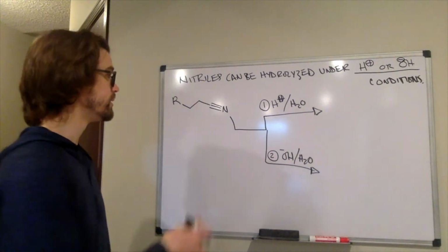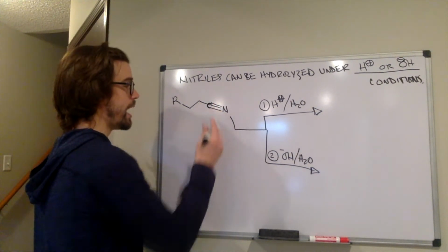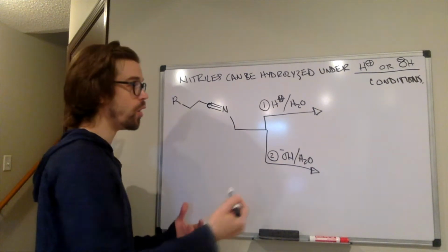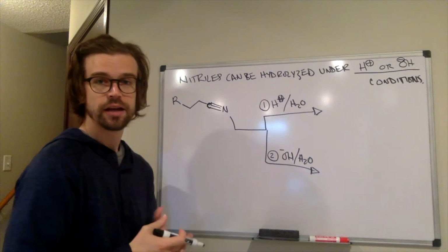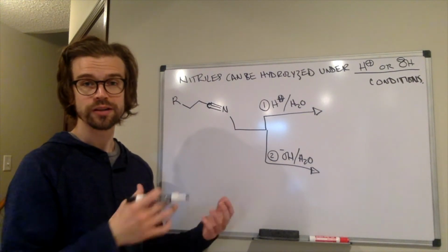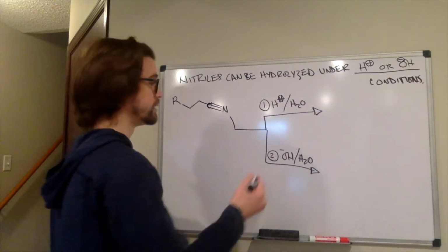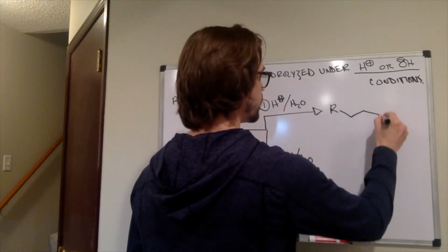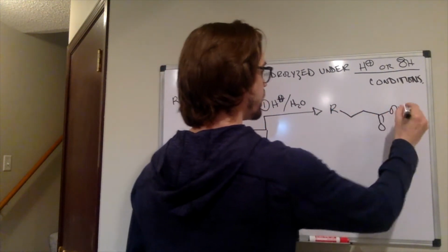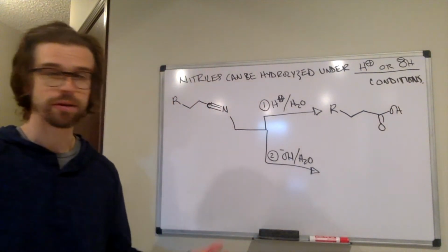But really simply, this carbon here is going to have the OH added to it, and we're essentially going to turn this nitrile into a carboxylic acid. Under acidic conditions, that would be the protonated, normal carboxylic acid.